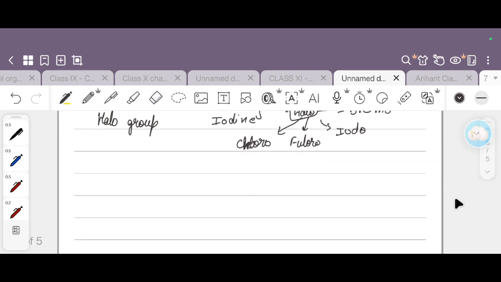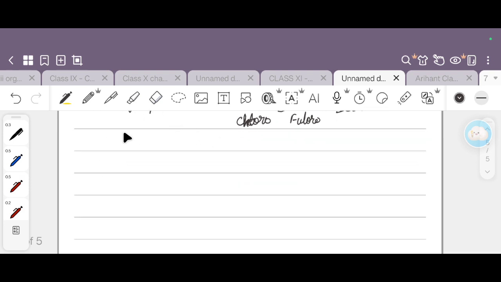Second functional group is alcohol. The functional group here is OH. If we have OH at the end of any carbon or organic compound, then it belongs to the alcoholic group, and we will use a secondary suffix for alcohol as OL.